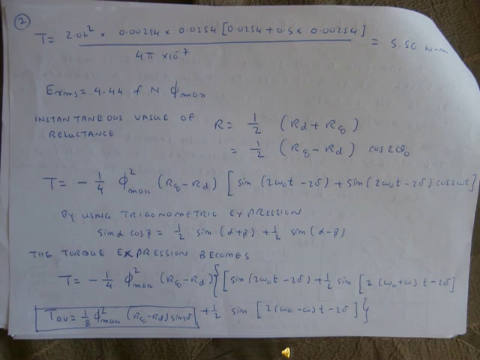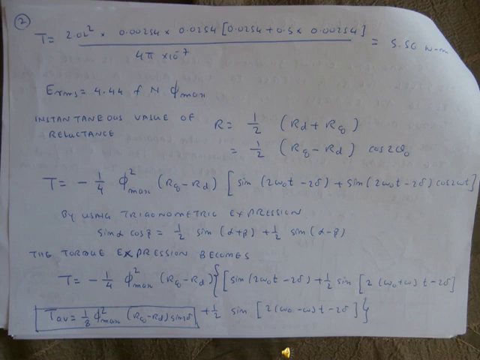The torque T is equal to minus 1/4 multiply phi maximum square multiply RQ minus RD in the bracket, sine 2 omega 0 t minus 2 delta plus sine 2 omega 0 t minus 2 delta, multiply with cos 2 omega t.